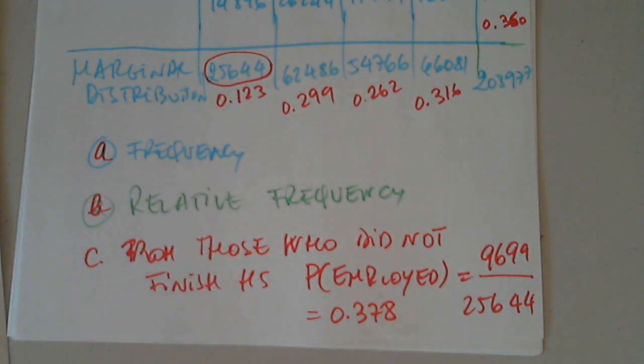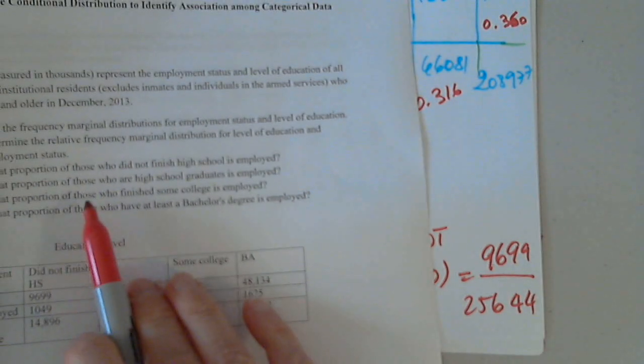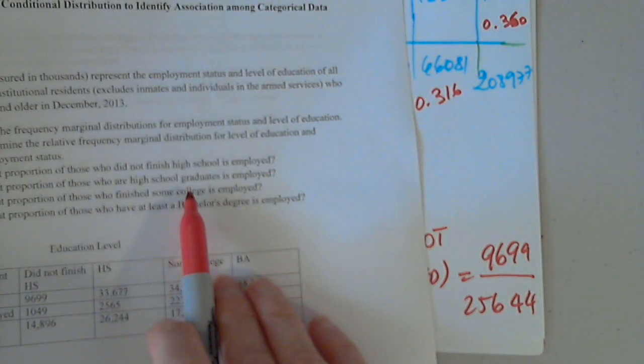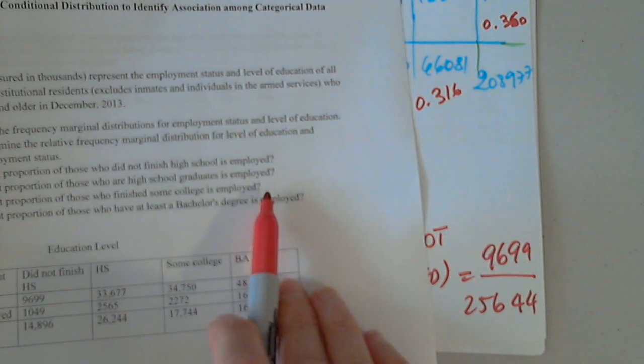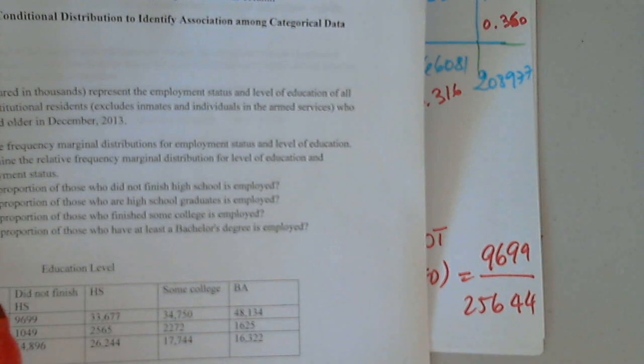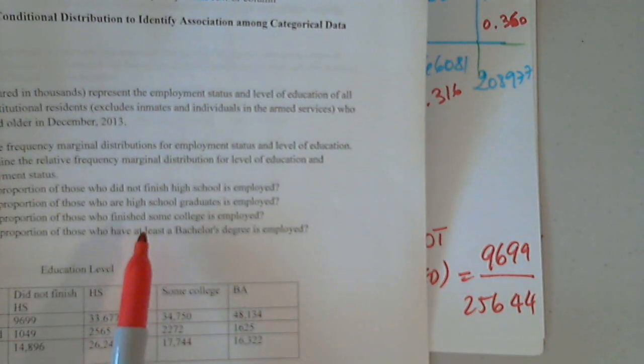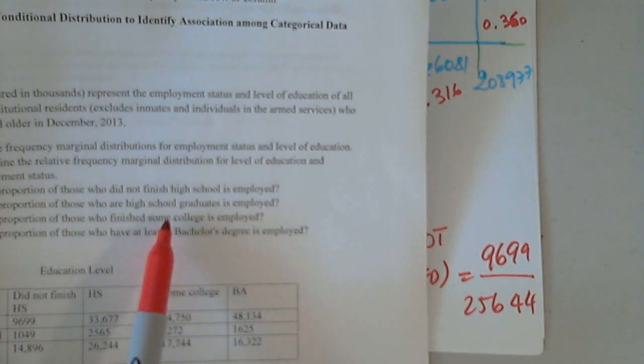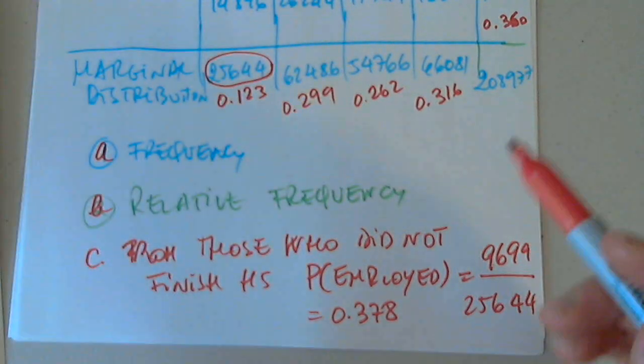Next question. Part D. What proportion of those who are high school graduates is employed? So this time they're asking us to find, from those who graduated from high school, what proportion is employed.